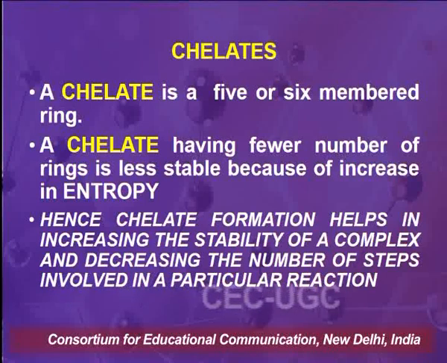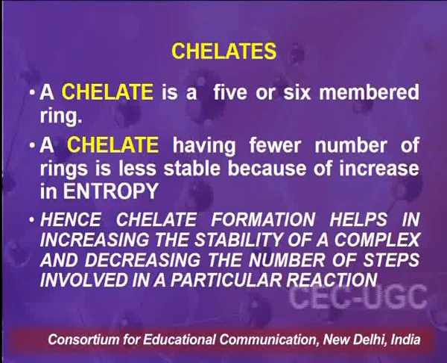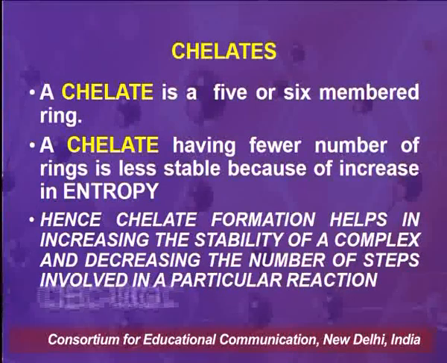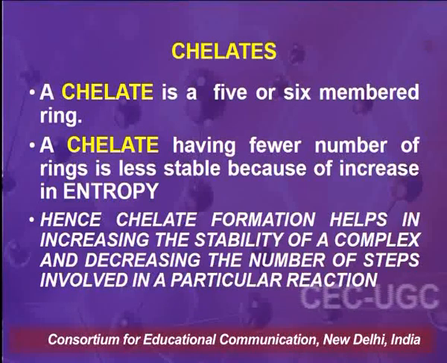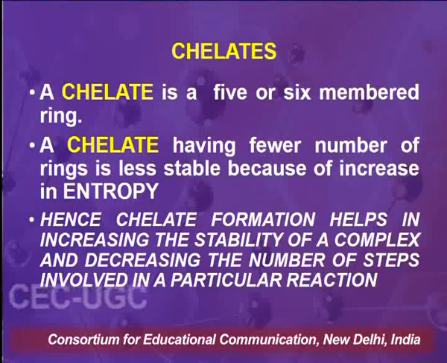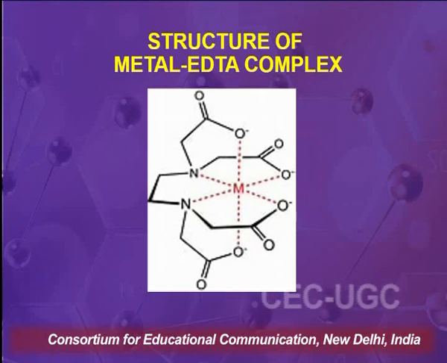A chelate having fewer rings is less stable because of increase in entropy. Hence, chelate formation helps in increasing the stability of a complex and decreasing the number of steps involved in a particular reaction. This is the structure of the metal EDTA complex.